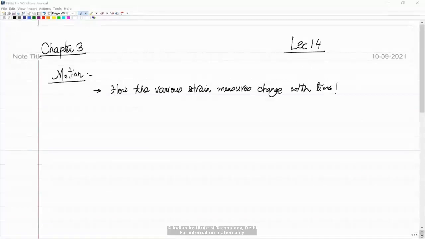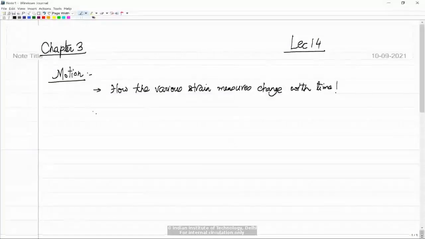Okay, so let me give a recap of how we describe motion. You can recall the deformation map, which we denoted by y hat. This is a function of x, the referential location of a particle, and also of time t.